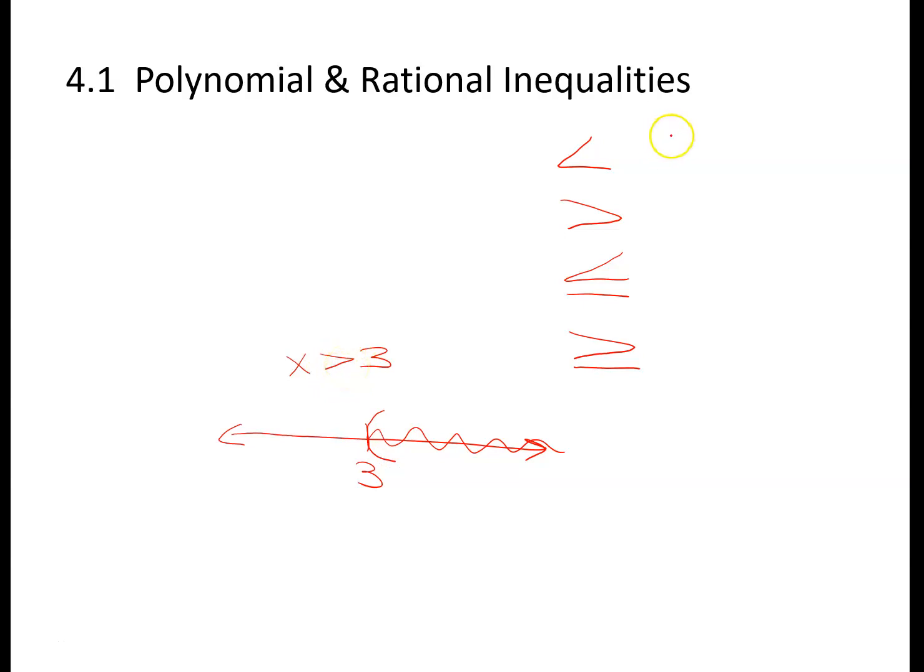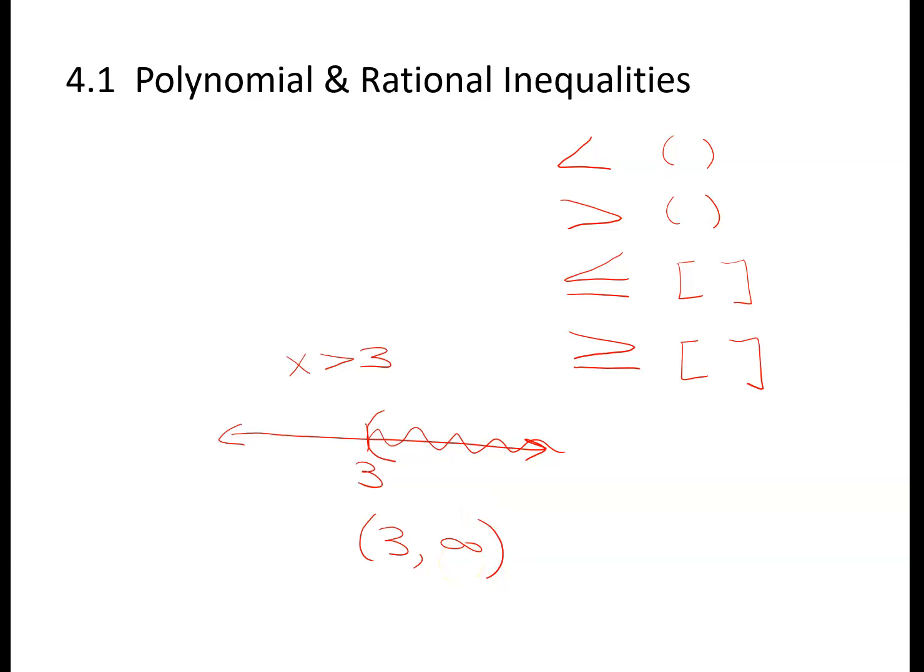So these two symbols use parentheses. And if there is an equal to bar, then you use square brackets on the number itself, but the other end will be infinity, which will have parentheses. So our interval notation here, 3 comma infinity.